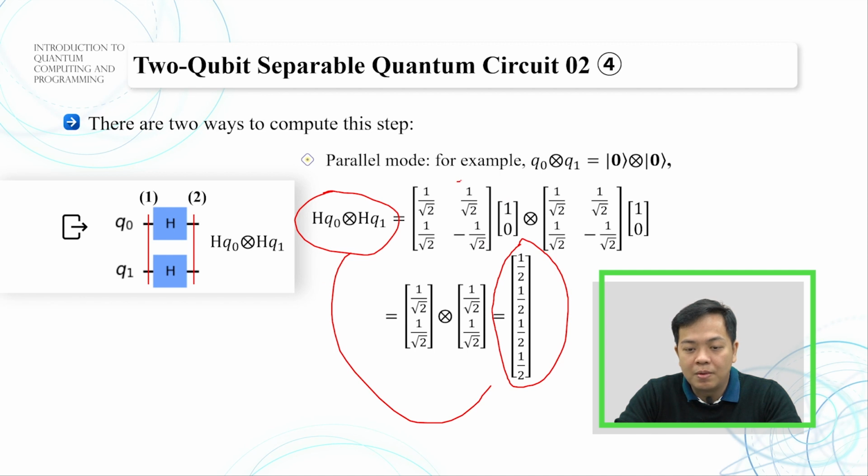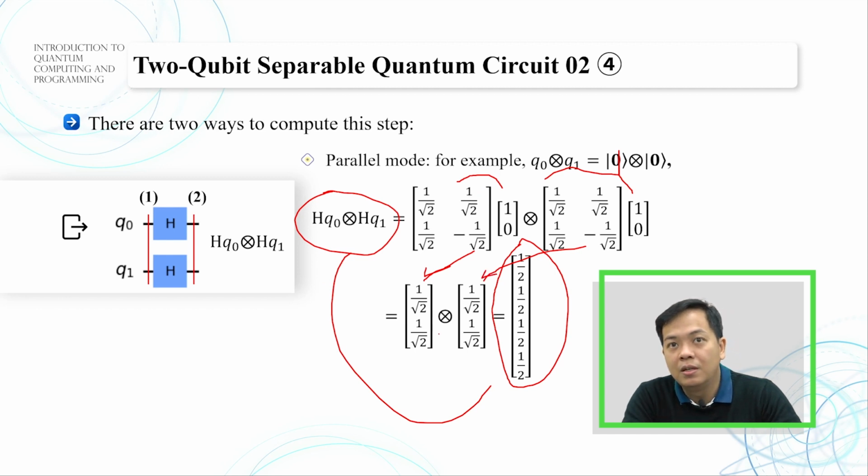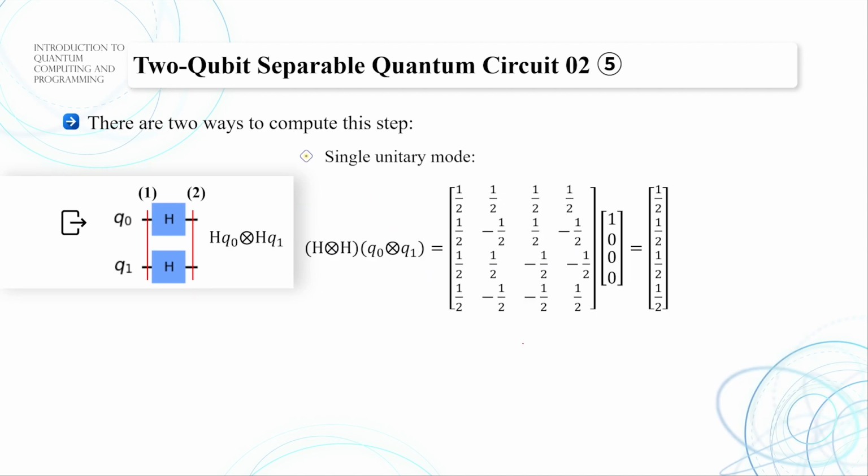You calculate this one first and this one second, and then combine them. Each has a result for its part, and you make the tensor product of these 2 matrices to get the final result. And here it is similar: if you use a single unitary operator, you get the same result.